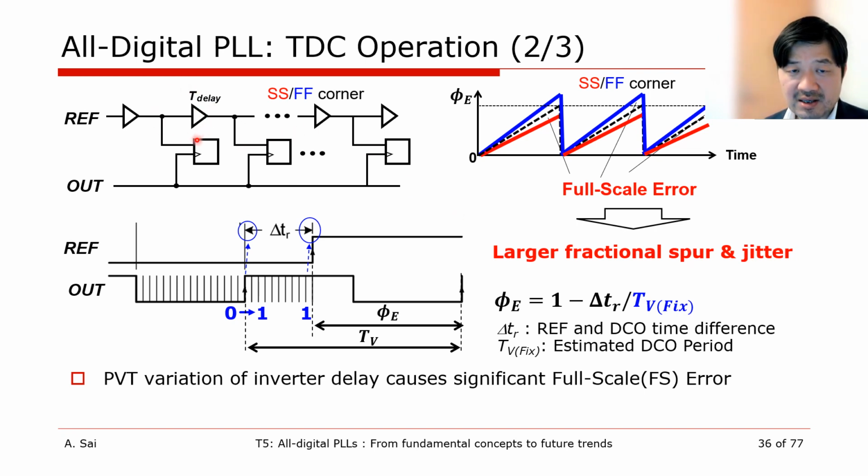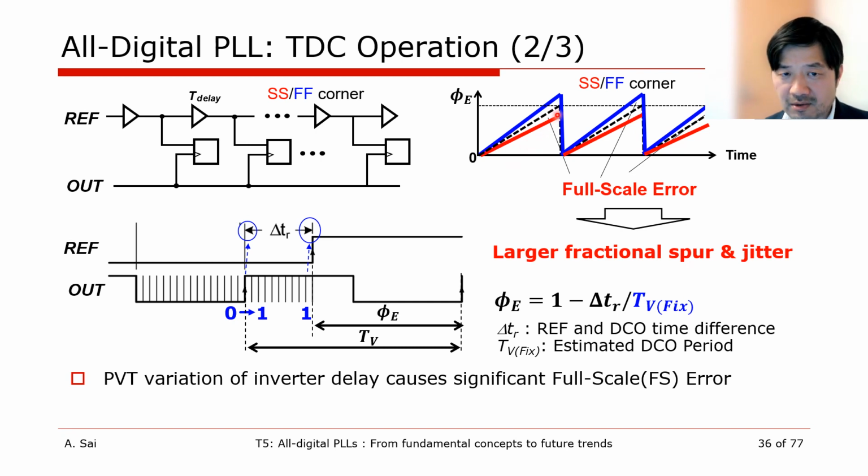As T delay increases, the actual TDC digital value decreases accordingly, and conversely, as T delay decreases, the actual TDC digital value increases accordingly.